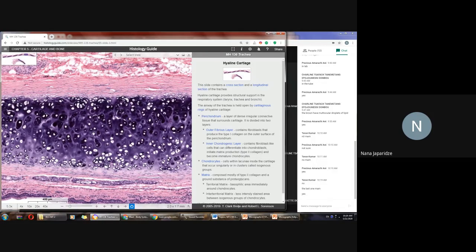You disappeared. Yes, I'm here. Okay, please, can you explain what is the difference? Can you say to Tarun, your colleague, what is the difference between the interstitial and appositional growth of cartilage? The interstitial growth pattern is the one that happens inside the deeper layer of the cartilage, while the appositional one is the one that happens near the surface layer.